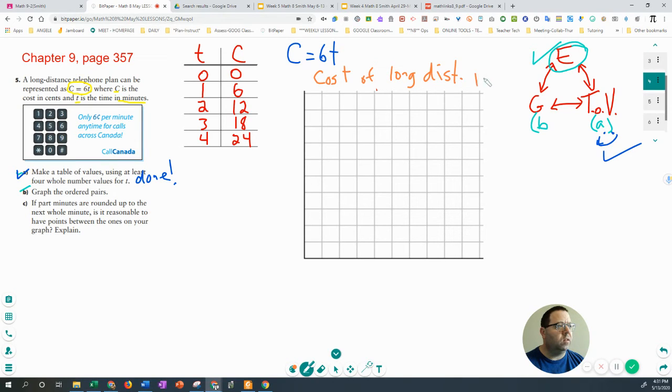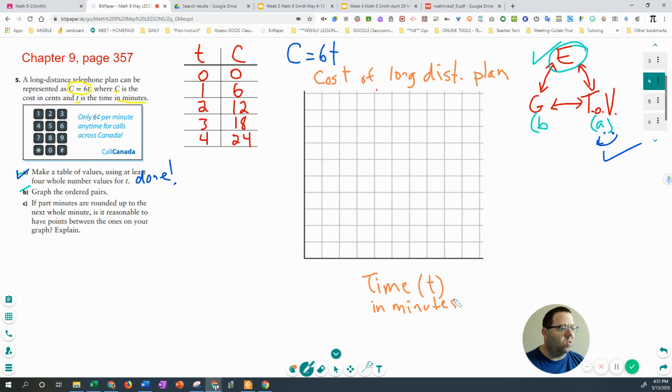I'm just going to abbreviate that because the focus is on the math. The cost of a long distance plan goes on the vertical axis, and down here is time. So we're labeling. You may want to put the actual variable that you used, let's just use a bracket. And you could even put the units, in minutes.